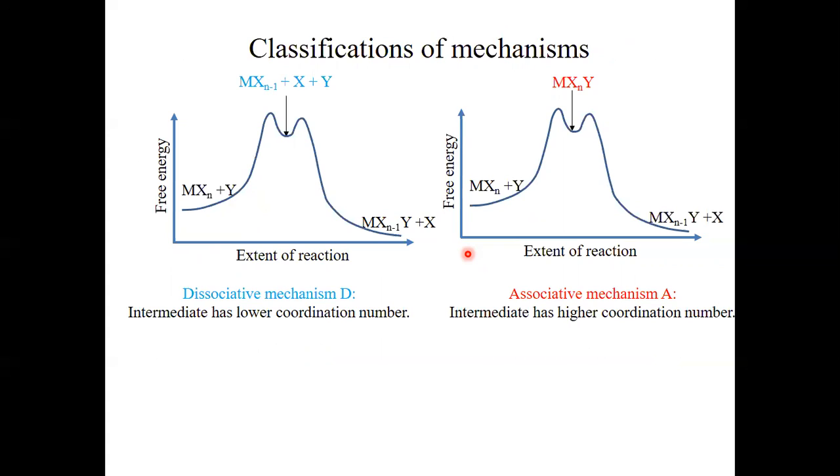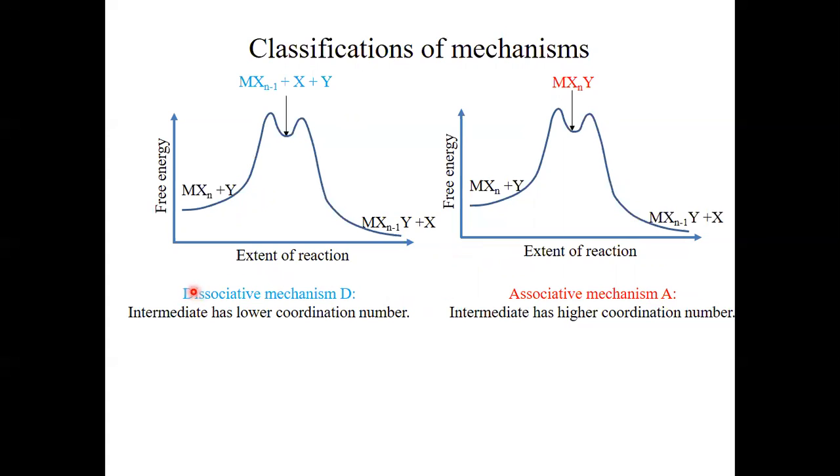Now, as I said before, we can realize these stoichiometric mechanisms basically two ways, either through a so-called dissociative mechanism labeled D and an associative mechanism labeled A, D and A respectively.